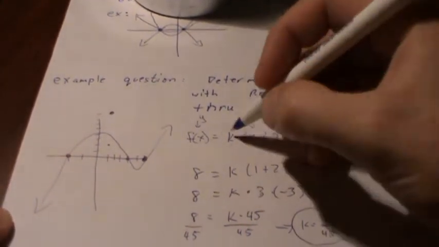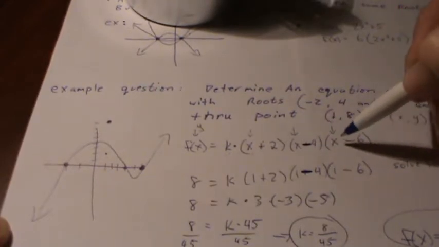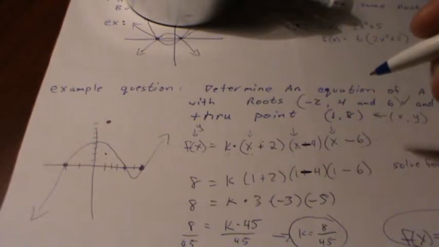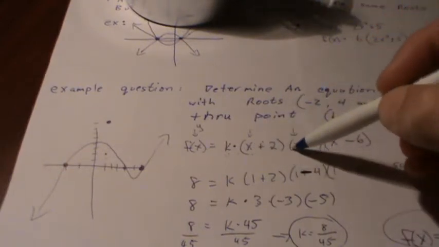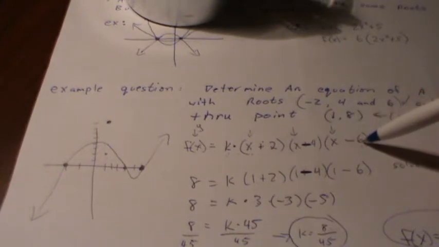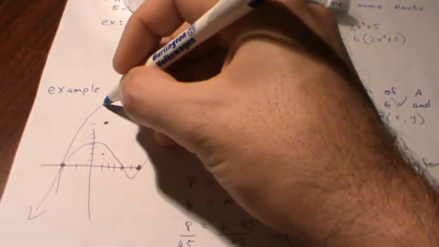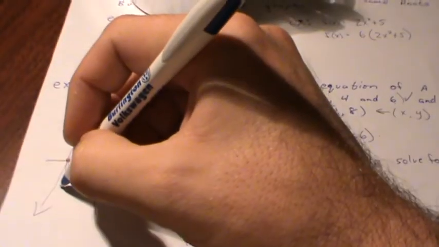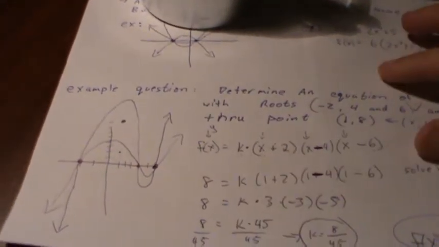The original graph without the k, x plus 2, x minus 4, and x minus 6, that original graph was something like this, right there.